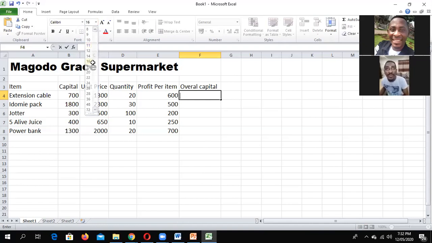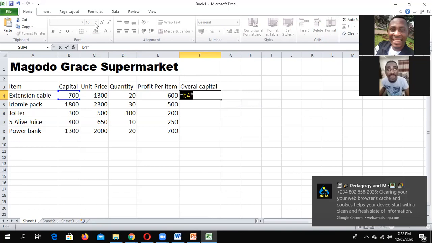So we say equals to. Don't forget that equals to always comes first whenever you want to use formulas in Microsoft Excel. So you say equals to B4 times. Now, this is a sign that represents times in Microsoft Excel.